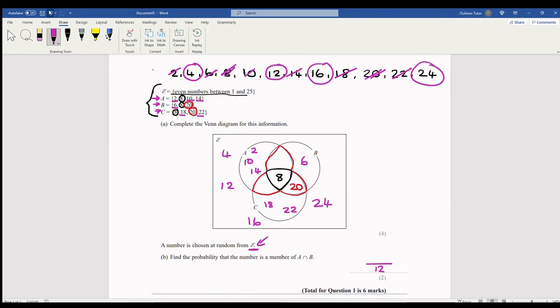There's only one number that appears in set A and B, which is the 8. So it will be 1 out of 12. And you can't simplify this any further because we have a 1 here and it's in its simplest form. This question is worth 2 marks.